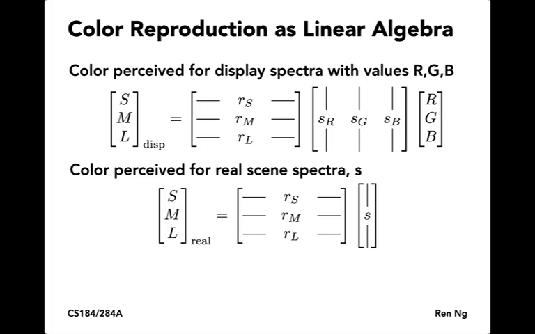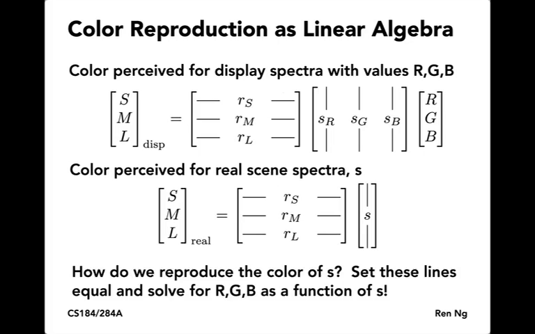So we want these two to appear the same to a human being. And what does that mean? We just need these two SMLs here to be equal. Okay, we want them to be metamers. Metamers means they're equal. So we just set these two lines equal, and then we're going to solve for RGB as a function of S. Does that make sense? All right, we're almost home free. Let's do it.